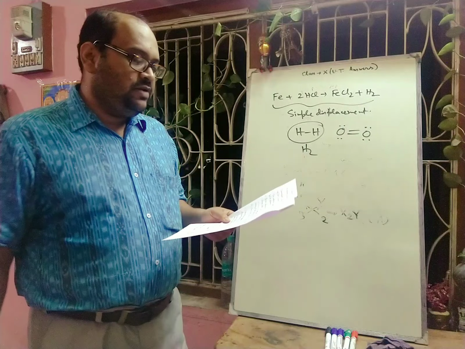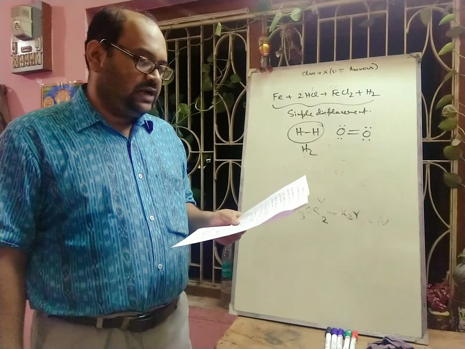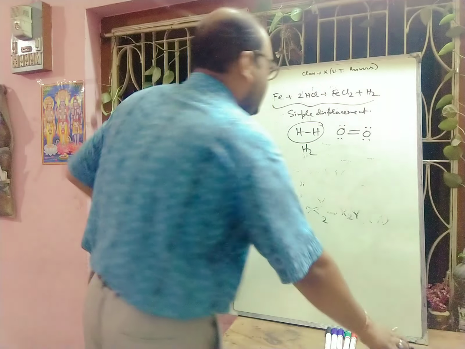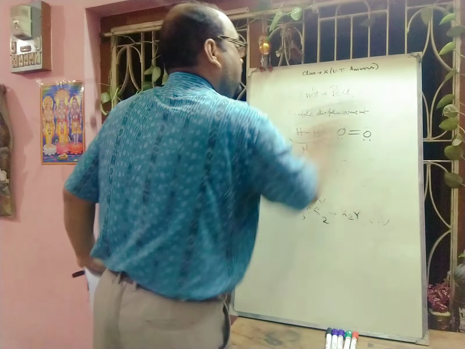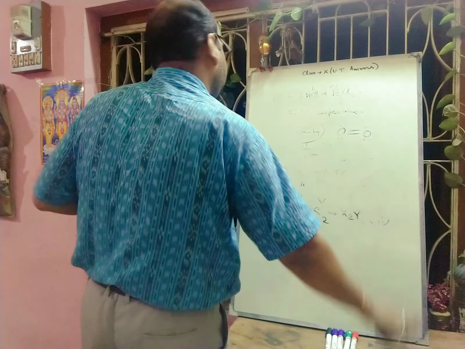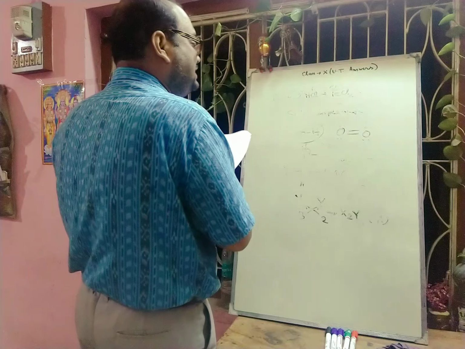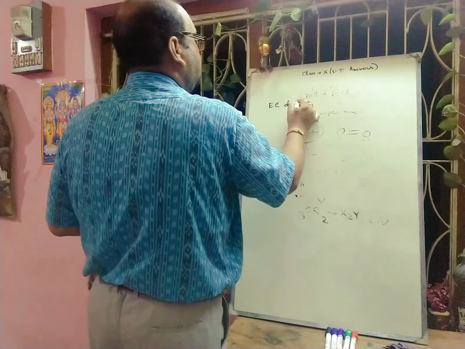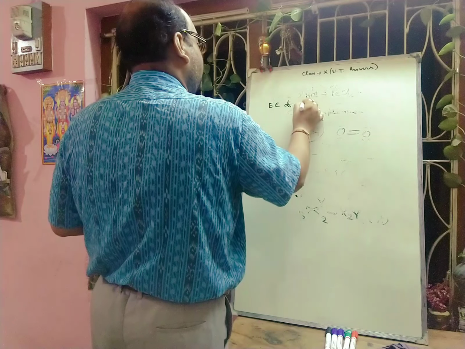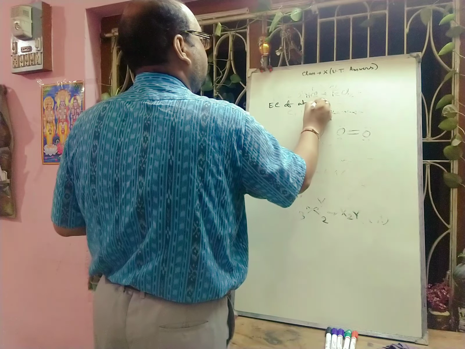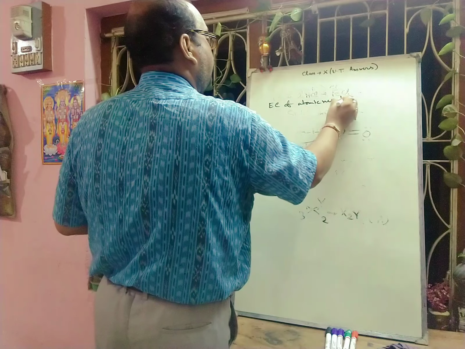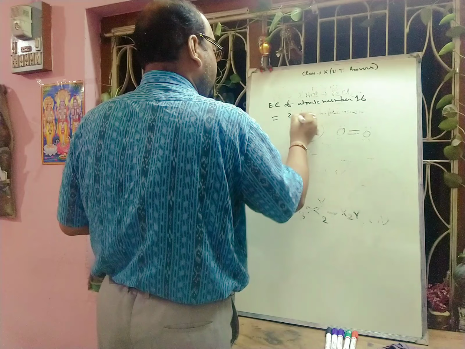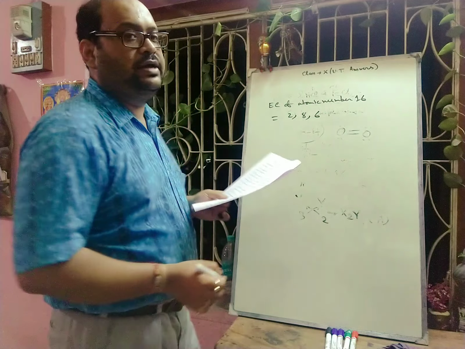Next question is given, what is the valency of an element having atomic number 16? Atomic number 16, if we write the electronic configuration, then we can understand. It has 16 electrons, so the electronic configuration is 2, 8, 6.